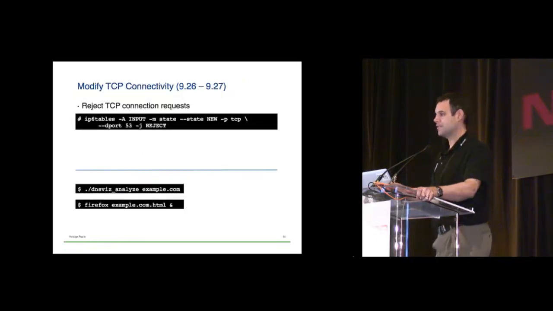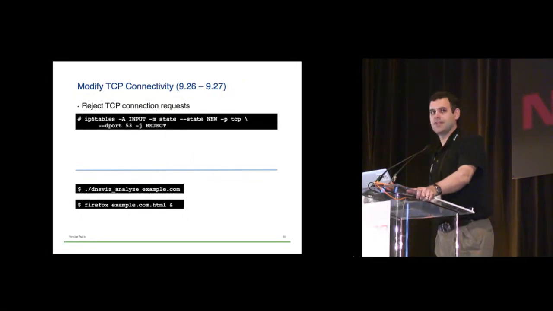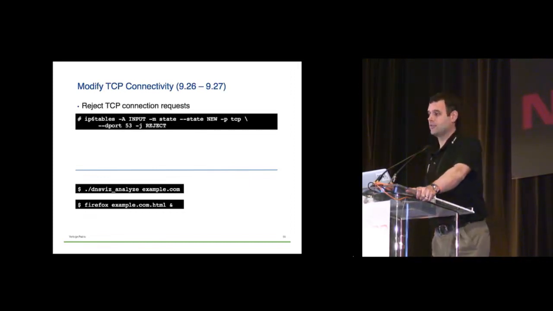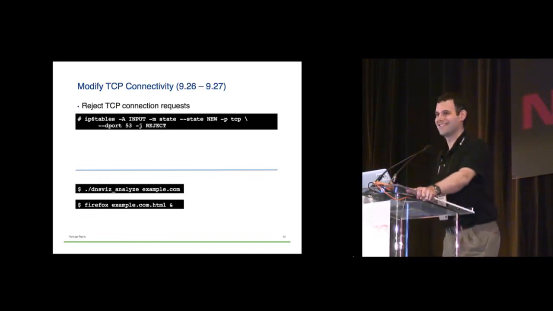So, modify TCP connectivity. True or false? DNS uses TCP. True. It doesn't use only TCP, but it does use TCP when necessary. Okay, and so we are going to turn off TCP.